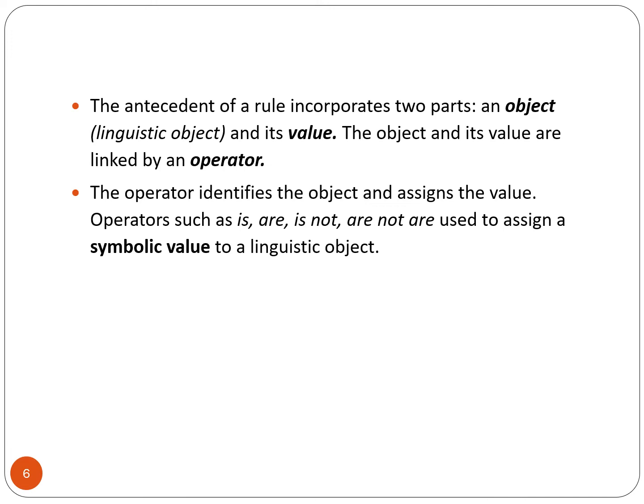The operator can be such as is, is not, are not, used to assign a symbolic value to a linguistic object. We can have another form of operator, for example, a mathematical equation as well.